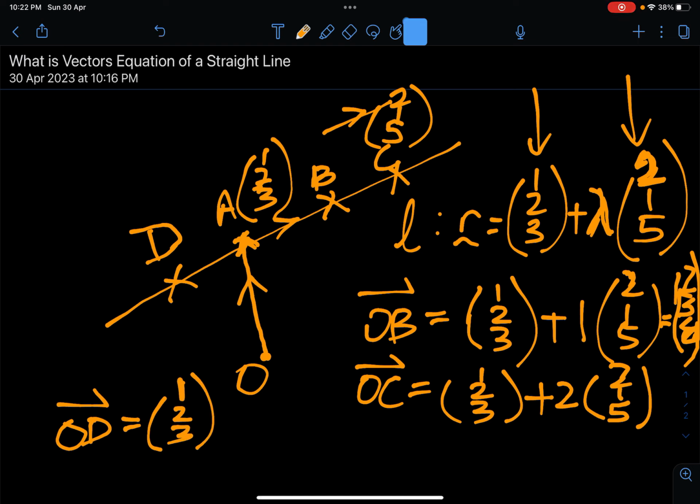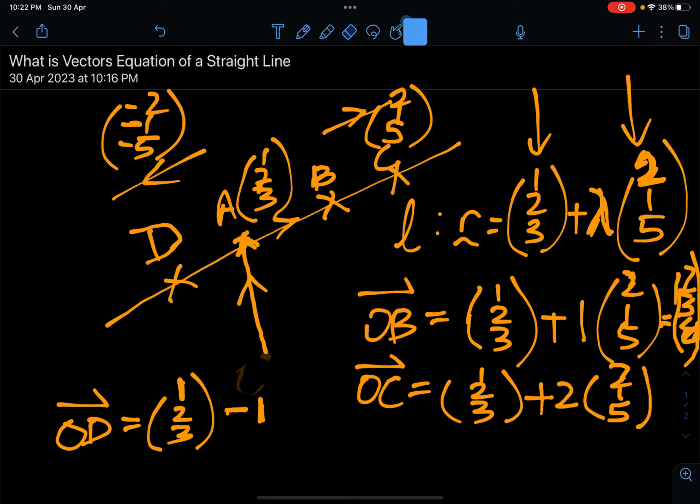But in this case it is the opposite direction of (2, 1, 5), so it will be minus 1 of (2, 1, 5). Let me just write this origin somewhere else. Okay, this is my origin.